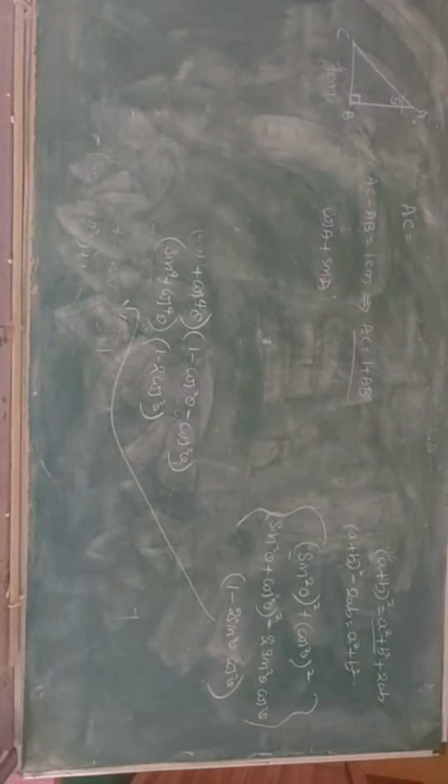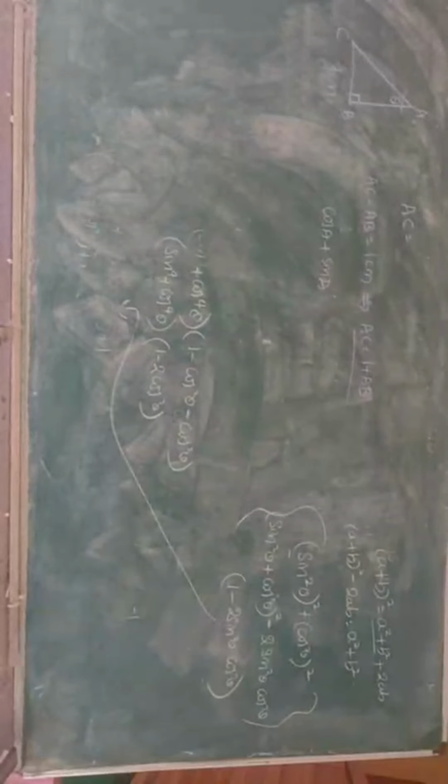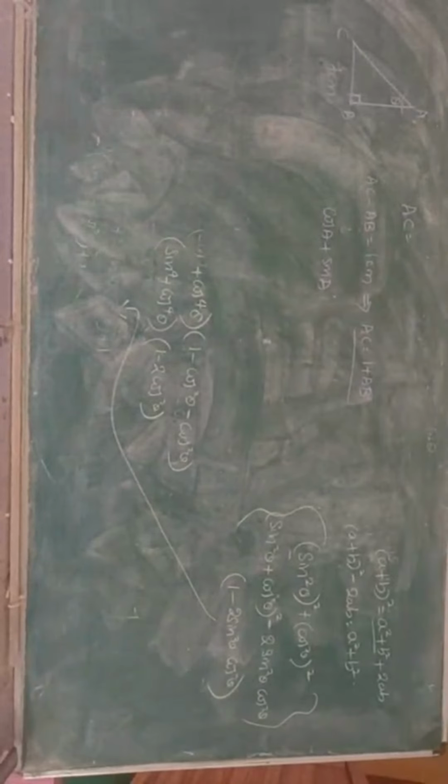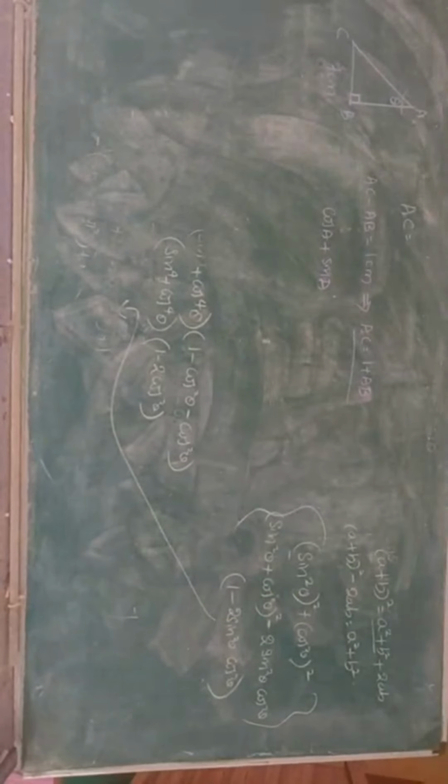Pythagoras states that in any right angle triangle, the square of the hypotenuse is the sum of squares of the other two sides. That's all.